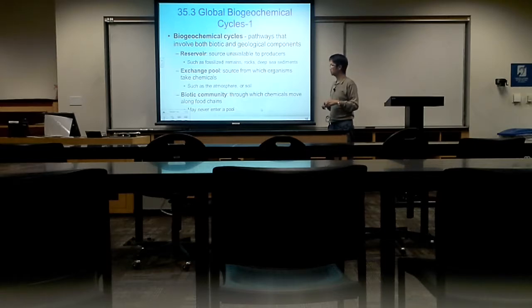The exchange pool is where living organisms can take the resources from, for example the atmosphere, soil, or ocean. Biotic community is basically food chains and all the living organisms.